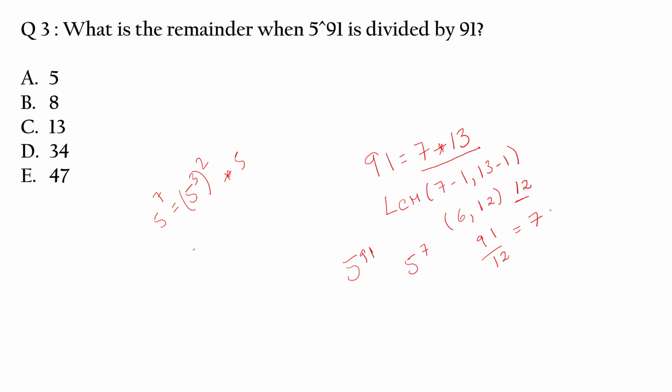Now 5 cube can be written as 125, so 5 power 7 is 125 squared into 5, right? But if you see, 125 minus 91 is equal to 34. 34 is the remainder, right?